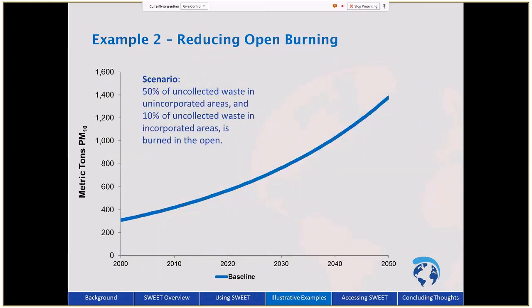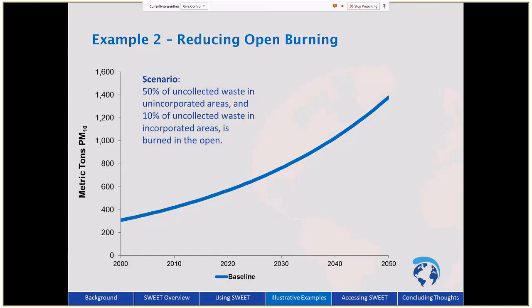Here's a second example, and this one is looking at reducing open burning. In the baseline scenario, we're assuming that 50% of uncollected waste in unincorporated areas, and by unincorporated we mean the areas outside the urban center of the city, and 10% of the uncollected waste in the more urban areas is burned in the open.